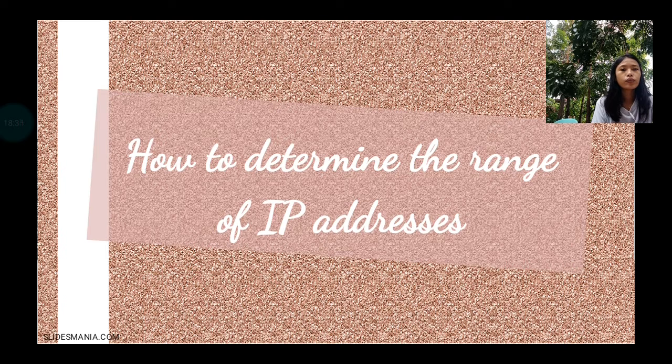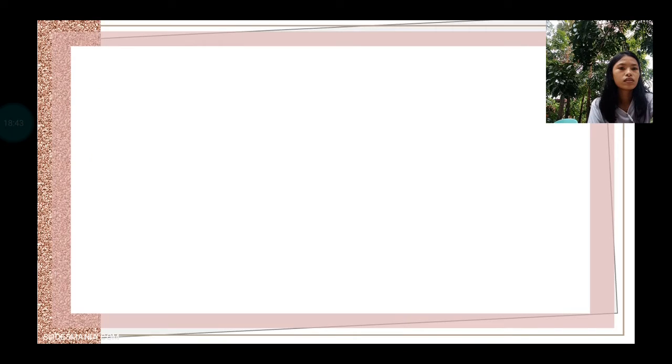Now we are going to determine the range of IP addresses. Here we have our 8 bits, which are 128, 64, 32, 16, 8, 4, 2, and 1.